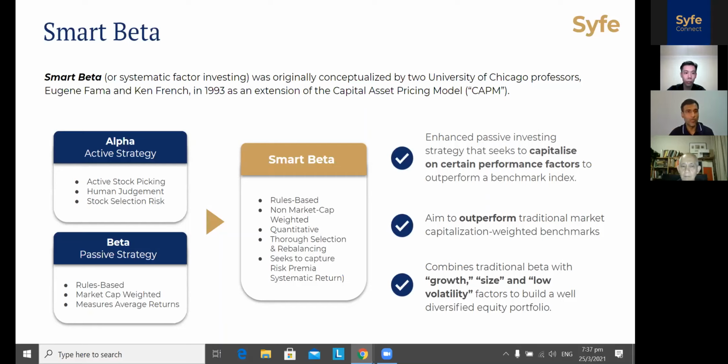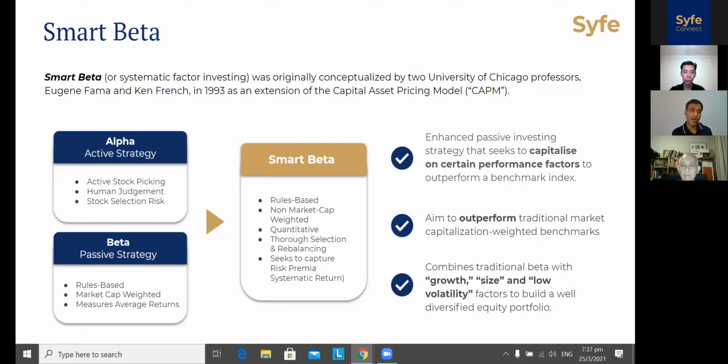And this is again different from active strategies. Typically there are two sides of the story. There is the passive strategy, which is just index investing, where you just keep investing into ETFs and leave it there. And then there is the active bucket, where there are active managers who try to outperform the indices by stock picking, and there is a human element in that, where whether they get it right or not is hugely dependent on the ability of the fund manager.